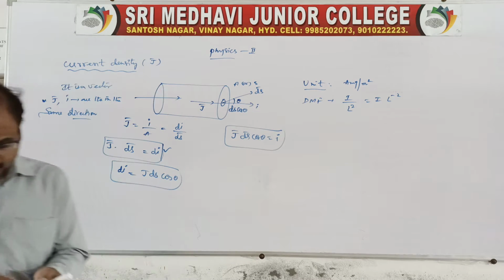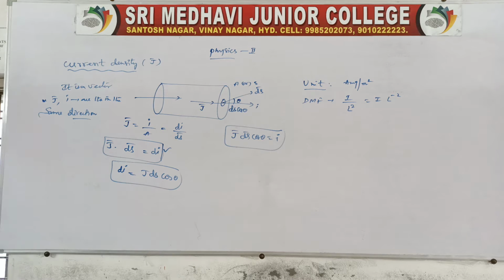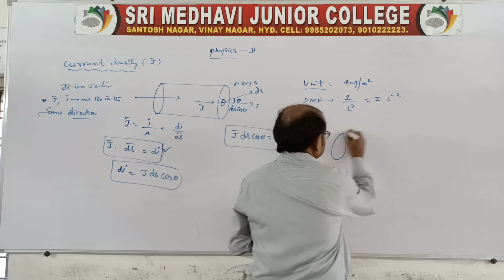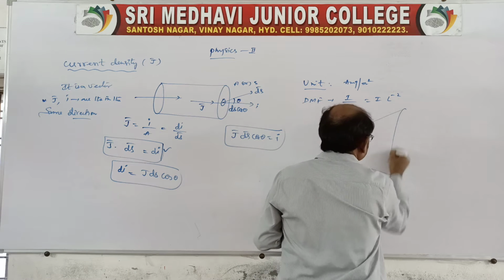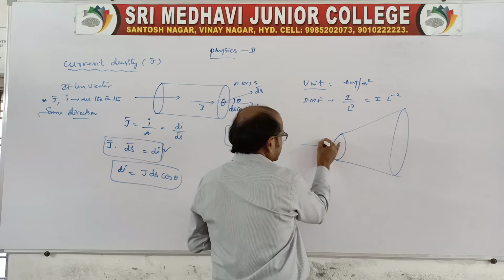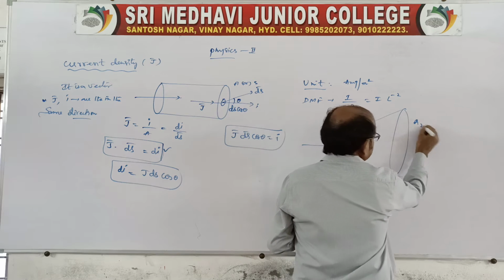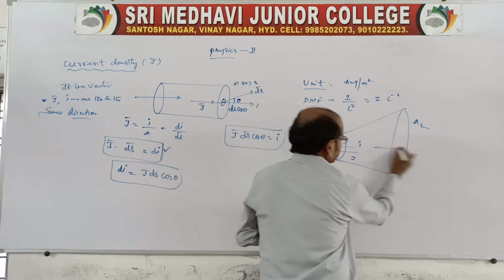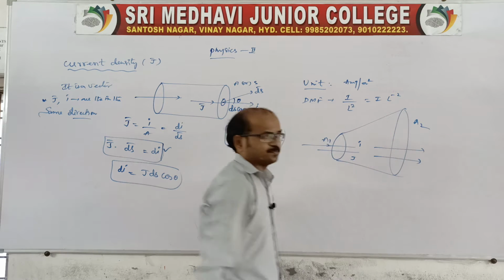Clear? Now in this current density, we have other relations also. Suppose I take a conductor like this, where one end has area A1 and the other end has area A2. The current and current density are in the same direction, so current flows through the other end also.